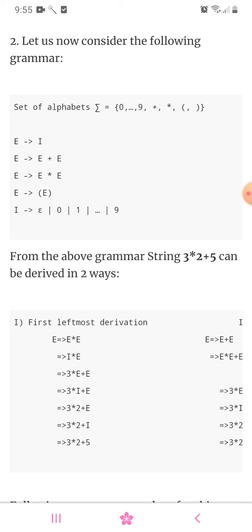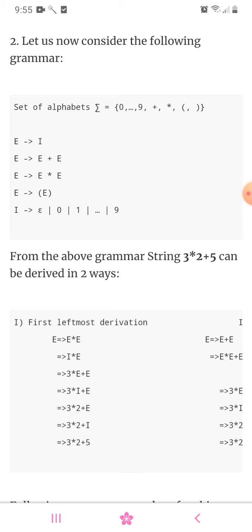In the leftmost derivation, E gives E into E. Then E is replaced by I into E. Now I is replaced by 3 into E plus E. Now our expression is 3 into I plus E. Now we can replace the value, 3 into 2 plus E. Now we can replace E by I, 3 into 2 plus I.